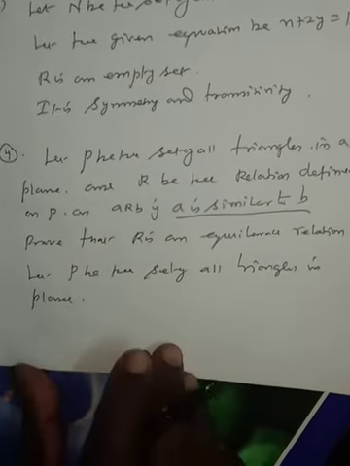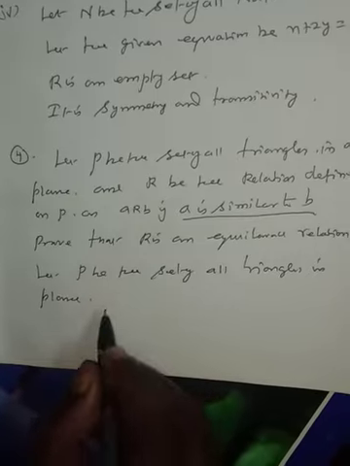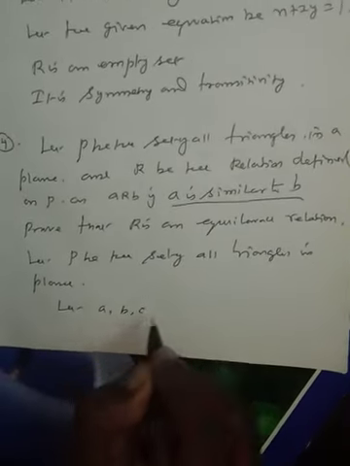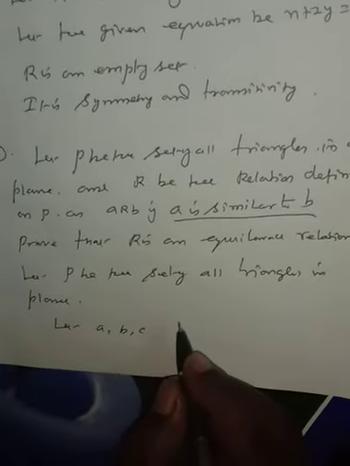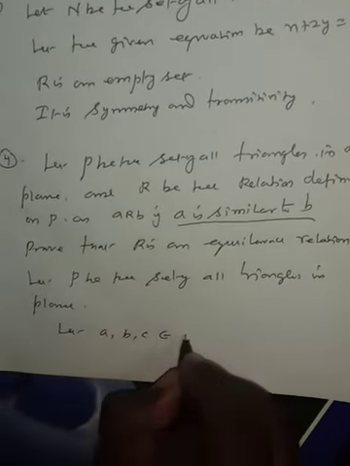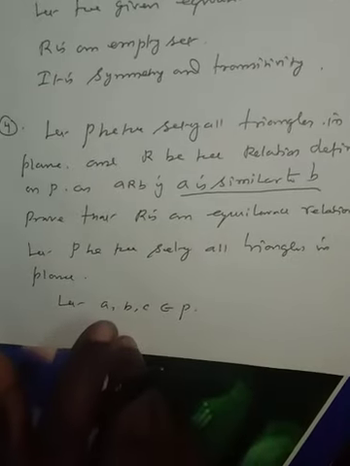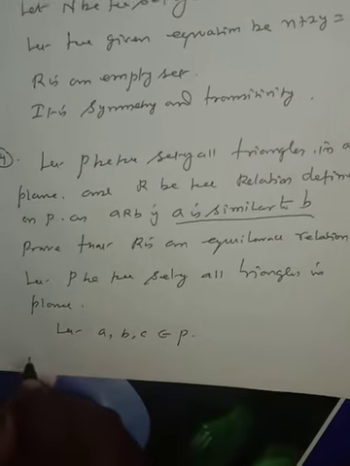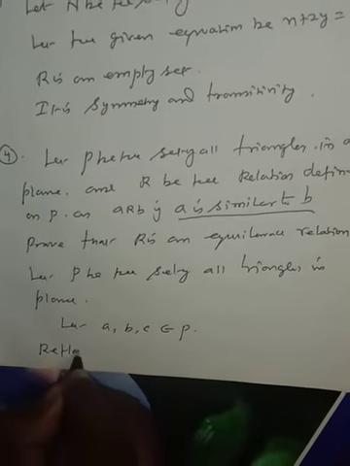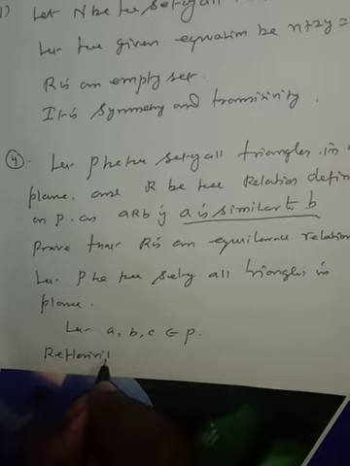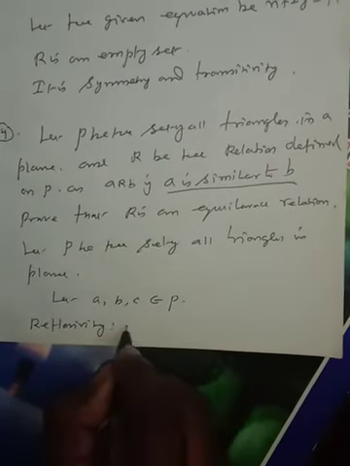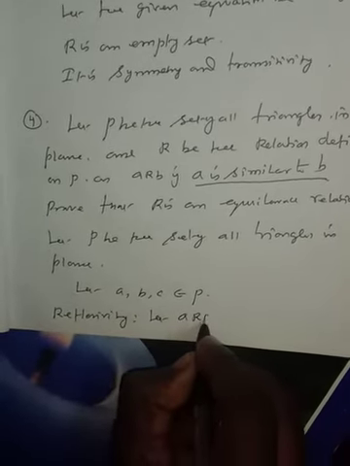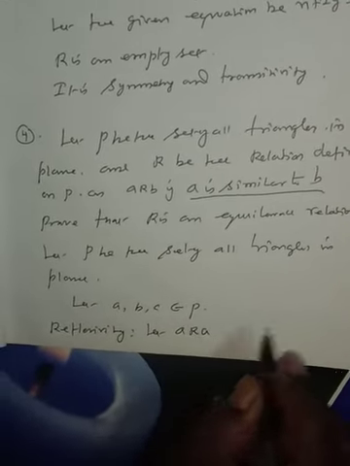Next, the relation is A R B. Therefore, let A, B, C belong to P. First, reflexivity. Let A be related to A.